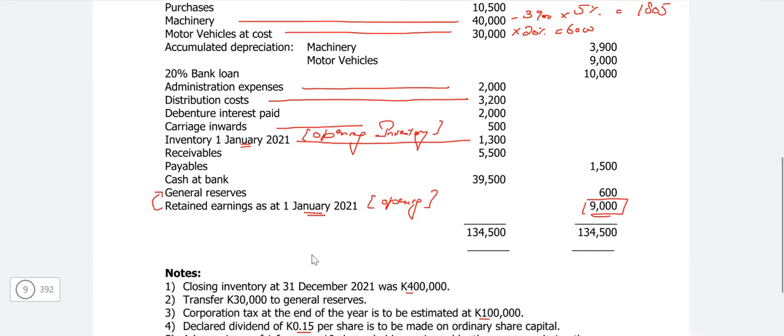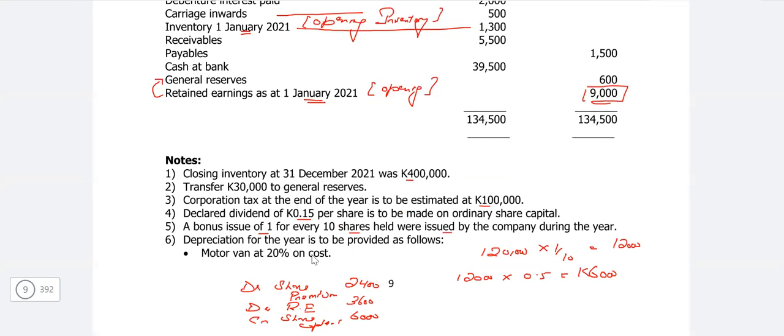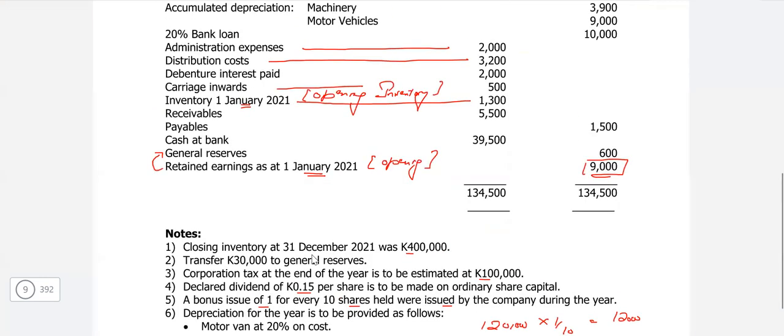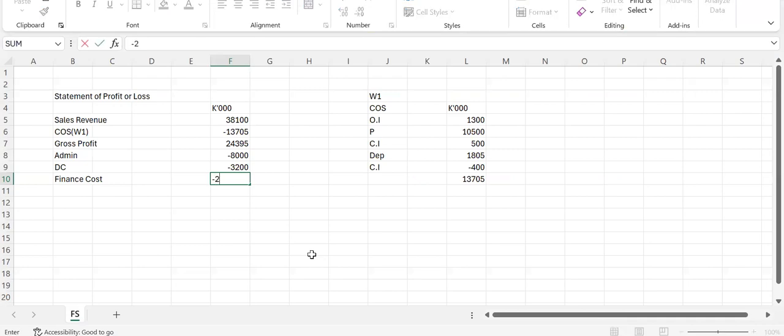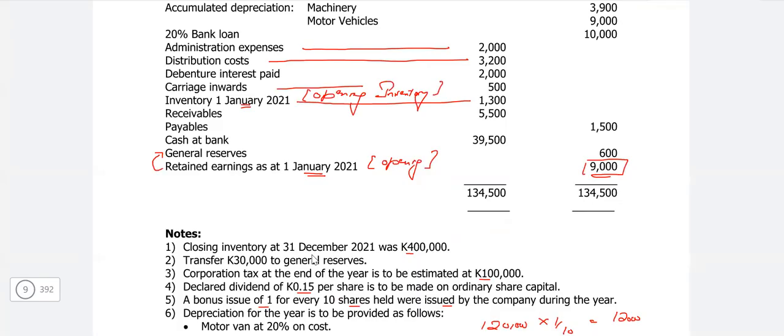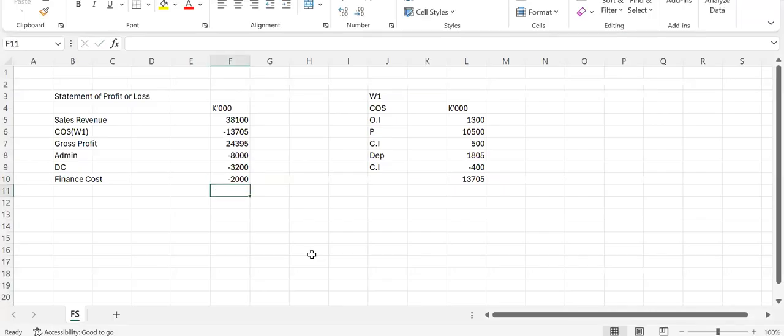For example, if we have the interest thing within the notes, then we don't take the interest paid because maybe it is not the exact amount of the expense. We take the finance cost into the statement of profit or loss, which is the interest cost rather than interest paid. But here we don't have any liability, so that means this is the only interest that we have, which is minus 2,000.